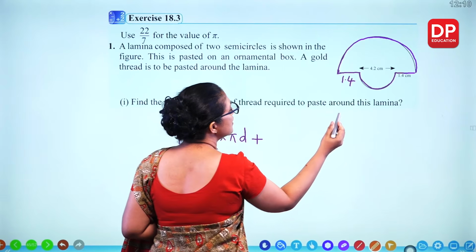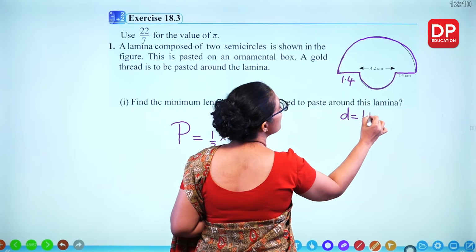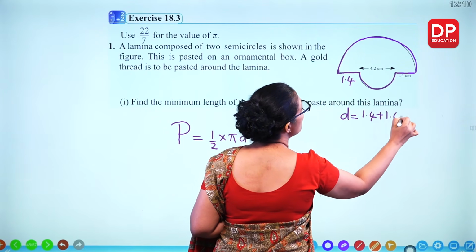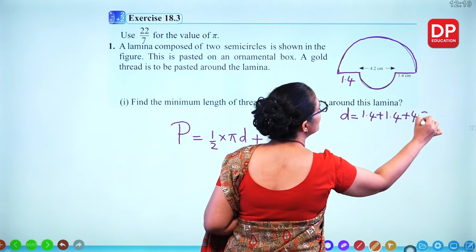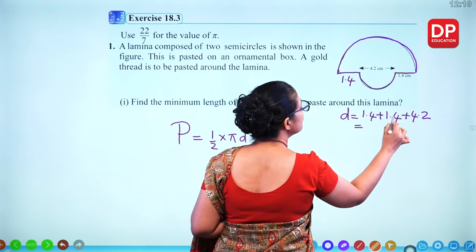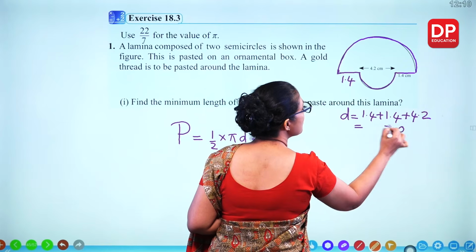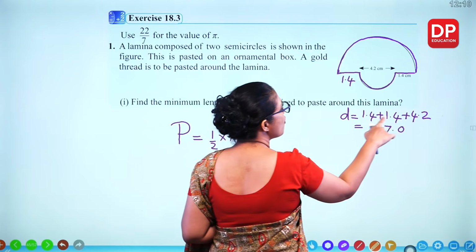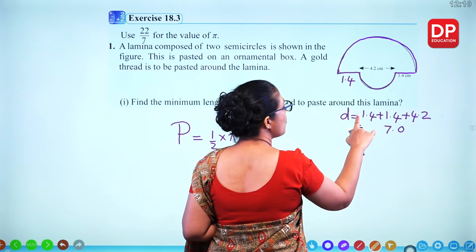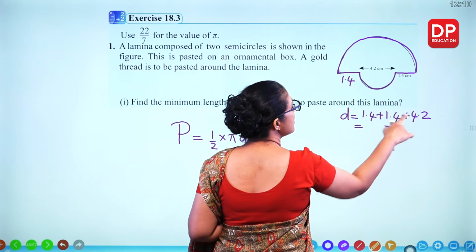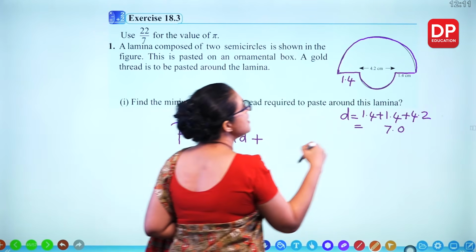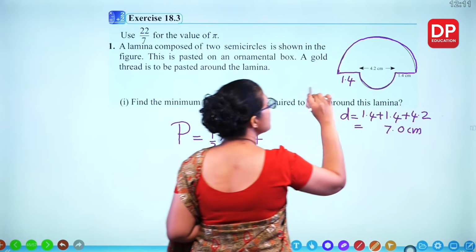Diameter is 1.4 plus 1.4 plus 4.2. 7, just check. 4 plus 4, 8, 2, 10. 1 remaining, 2, 3, 7. So, 7 centimeters for the diameter of the bigger one.